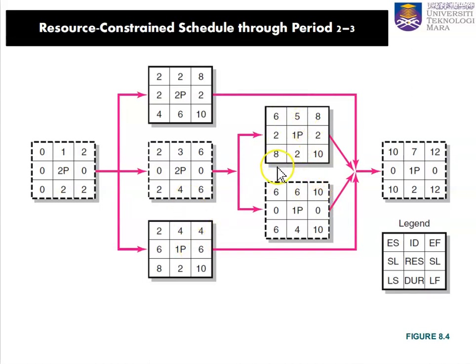They are not critical. Okay, so 2 has 2 slacks, 4 has 6 slacks, 5 has 2 slacks. Okay, so 2 resources are allocated for activity 1, 2 for activity 2, 2 for activity 3, 1 at activity 4, 1 at activity 5, 1 at activity 6, and 1 at activity 7.